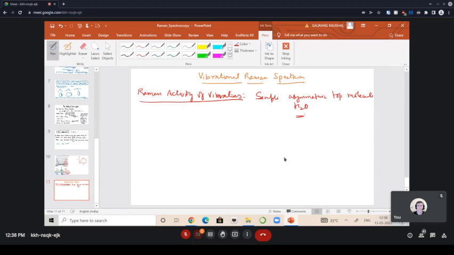One is called the stretching mode, another is called the bending mode, and the third one is the asymmetric mode. Let me describe these three different modes for the water molecule.